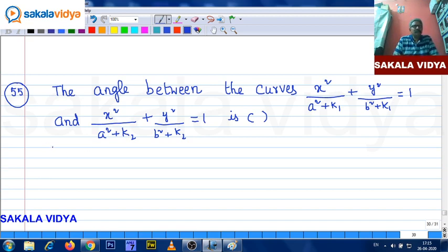First option pi by 6, second option is pi by 3, third option is pi by 2, fourth option tan inverse minus k1 by k2.